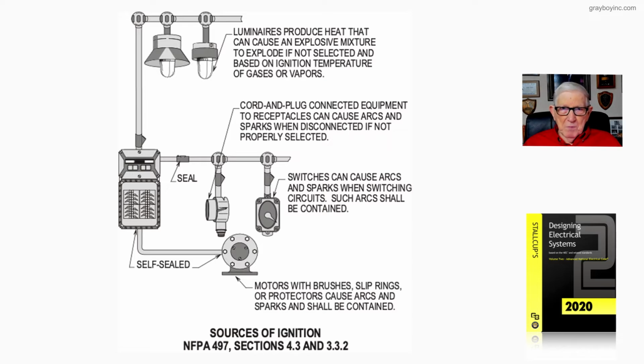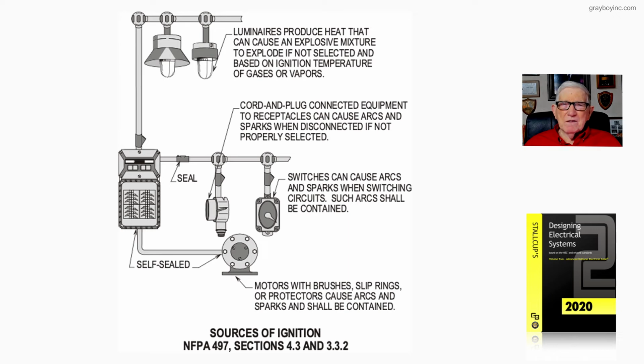And as the gases pass through that escape path, it cools so it's below the ignition temperature of the gas or vapor outside the enclosure that could be present, or it's threaded. They'll have threads, and you have to have 5 engaged, and the gases will cool as it circulates through those threaded joints.